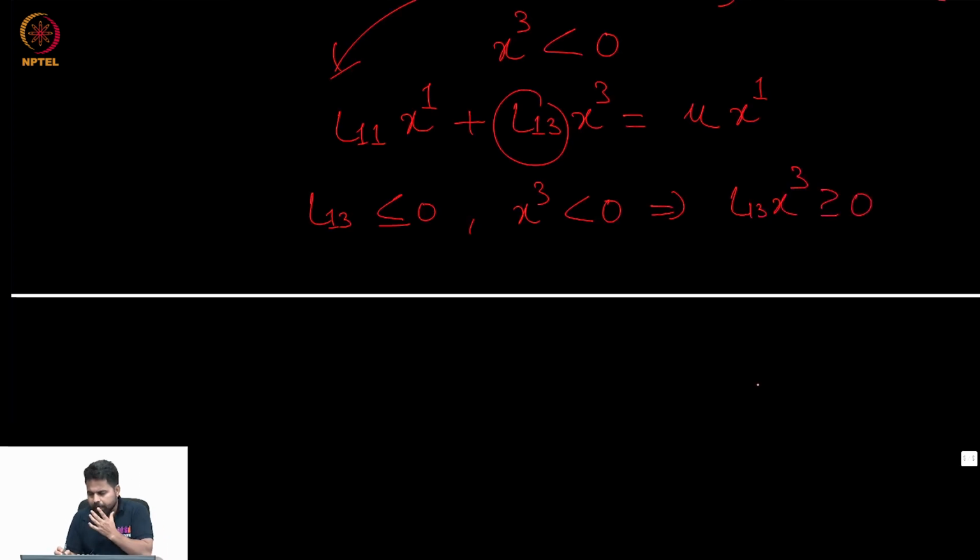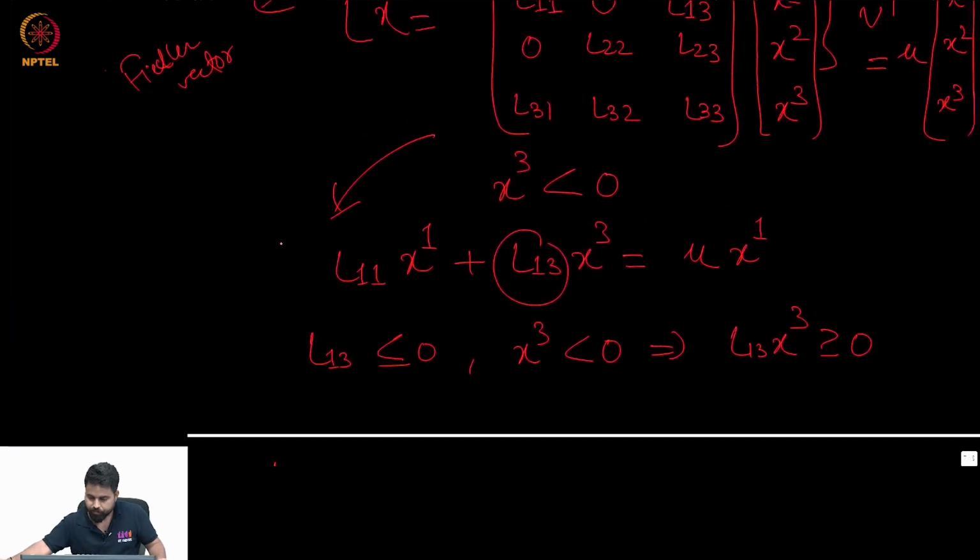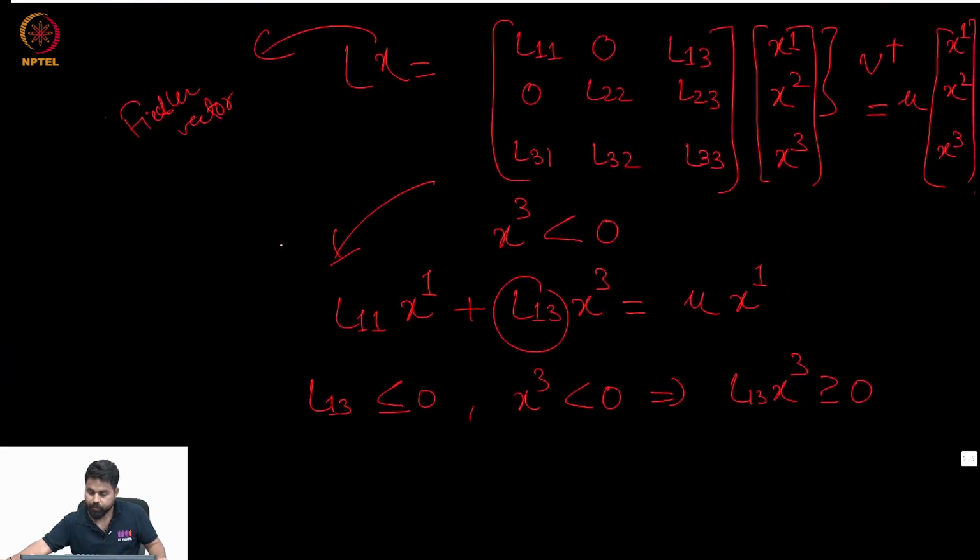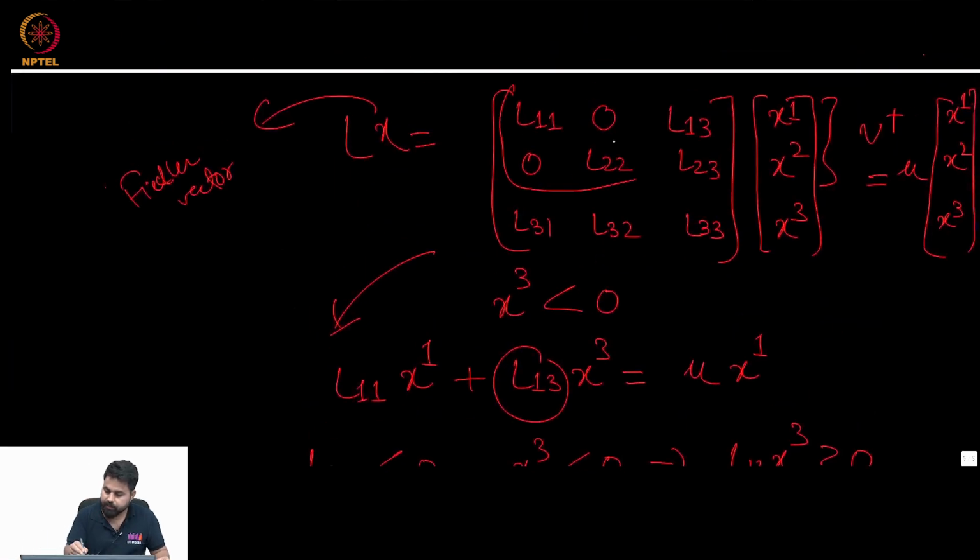Now the important thing is that L13 has at least one non-zero entry. Why is that so?